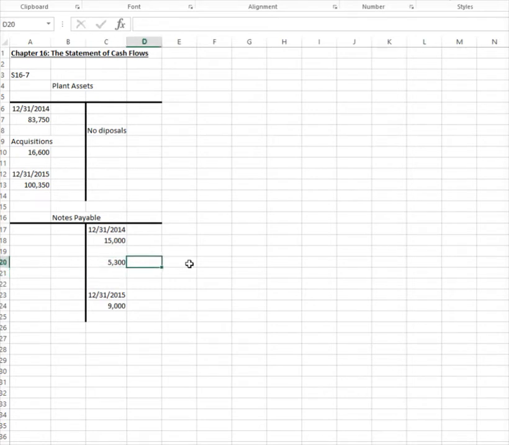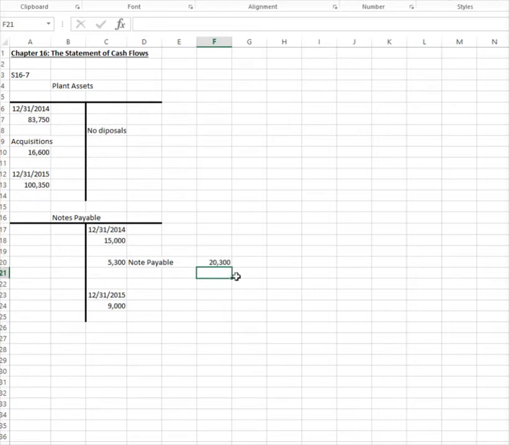Okay, so when we issue a note payable, that goes into the credit side of the notes payable because we are increasing our liabilities for the year. So now, if I add these two together, $15,000 and $5,300, I am left, and I'll put this out to the side, with $20,300.